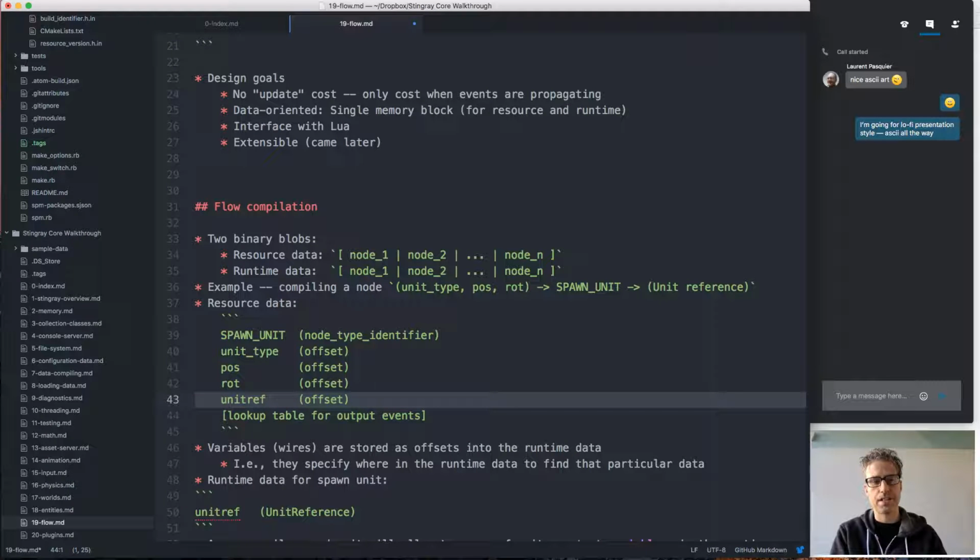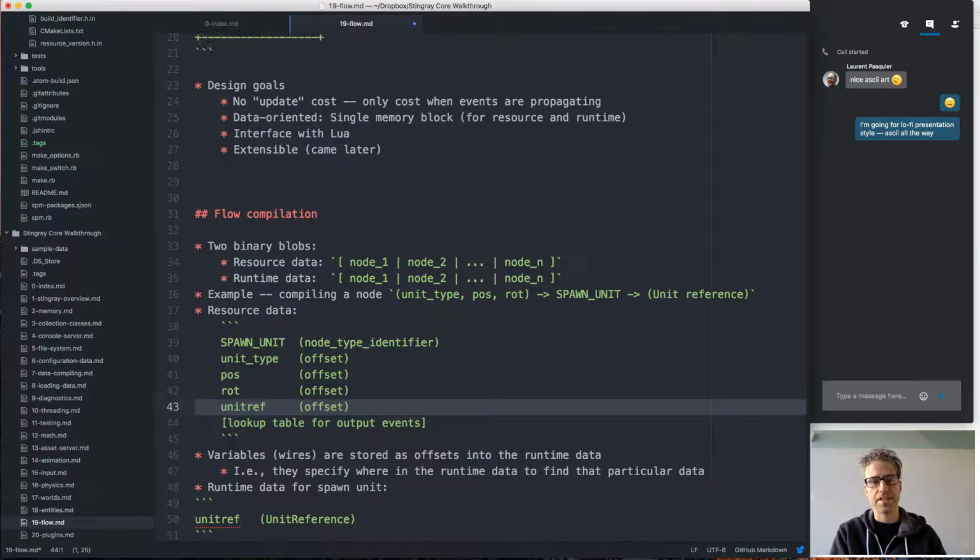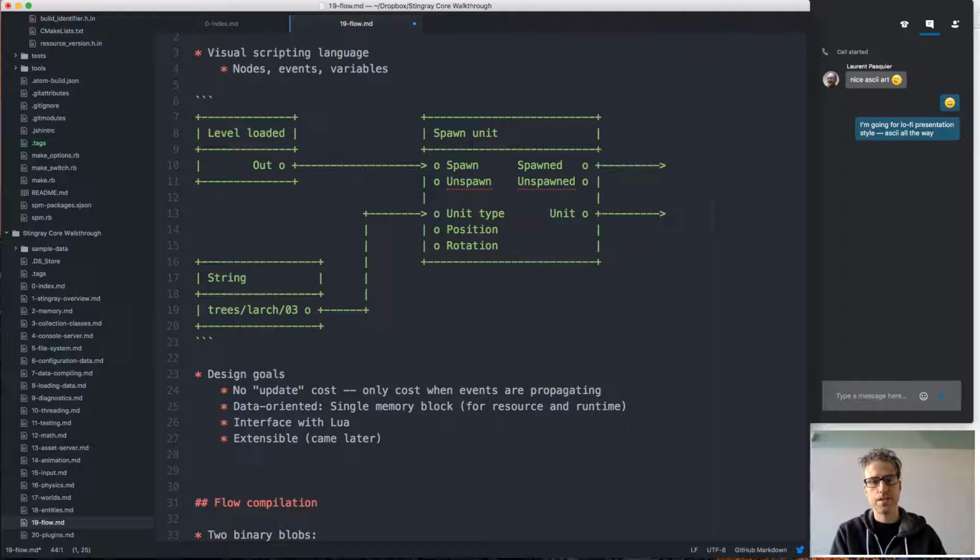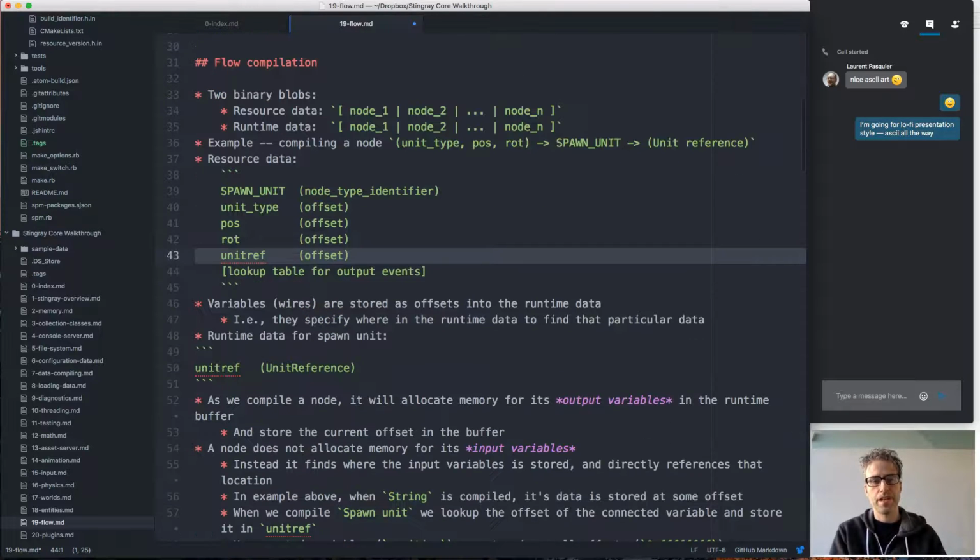In the resource data, we put our output data somewhere in the runtime block. So when we write the unit reference here, we write it to somewhere in the runtime data, and in the resource we just know the offset where we should write this. I'll go a bit more into this later, so hopefully it will become clearer if it's confusing now.